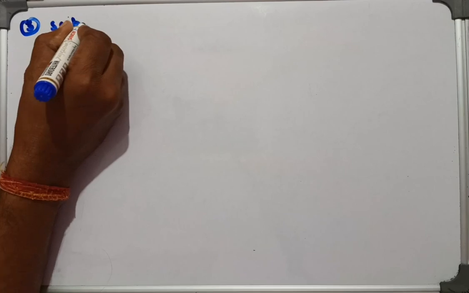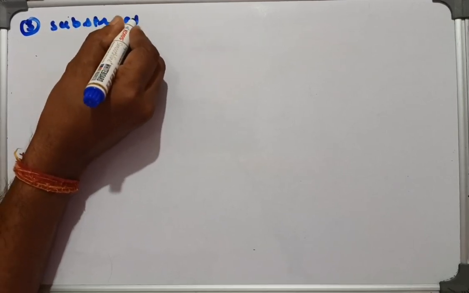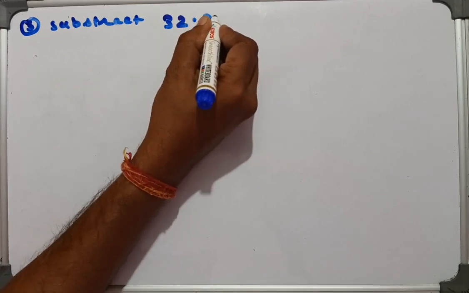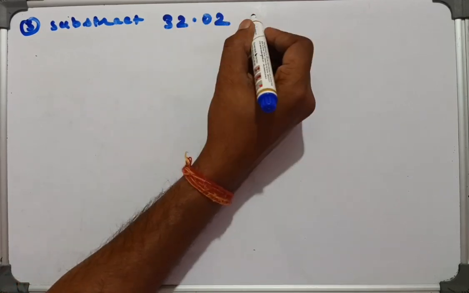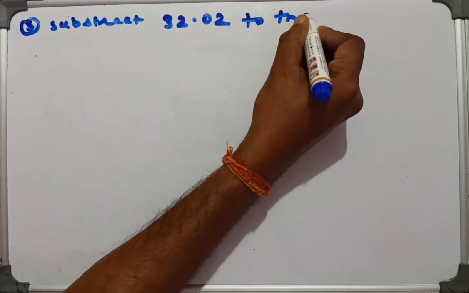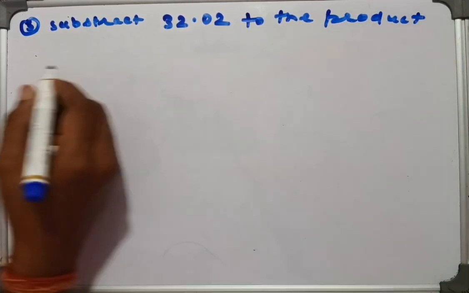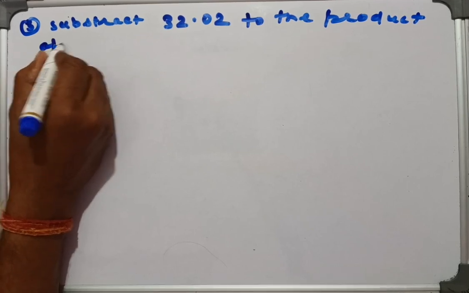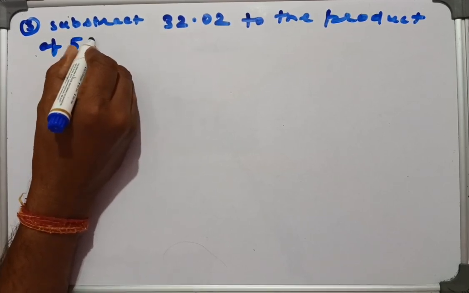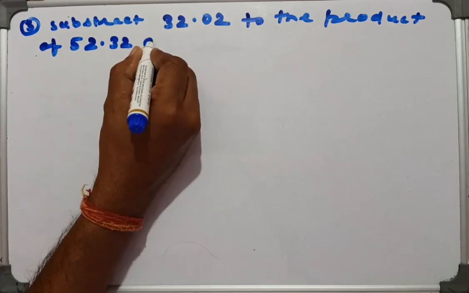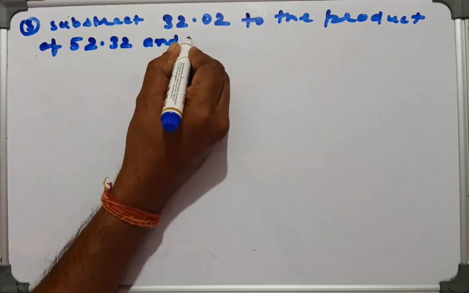Okay, third question: subtract 32.02 from the product of 52.32 and 3.